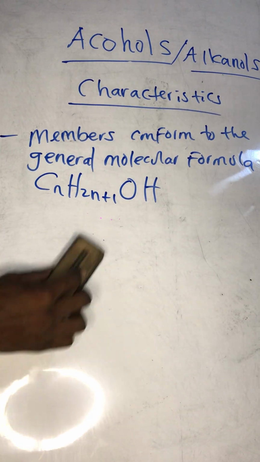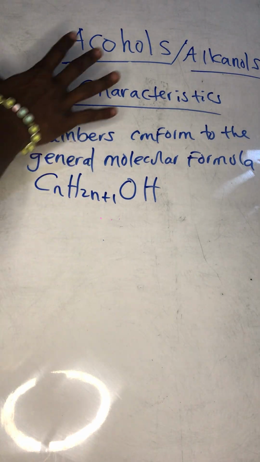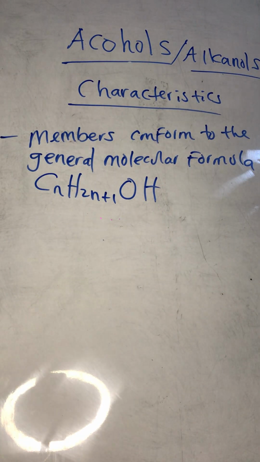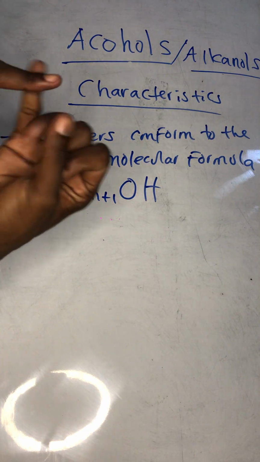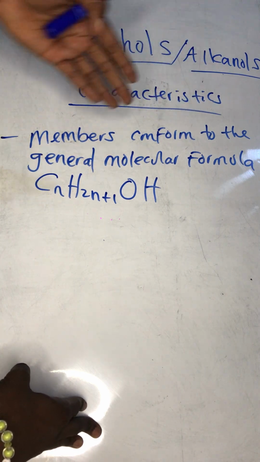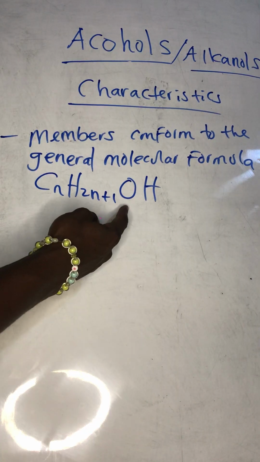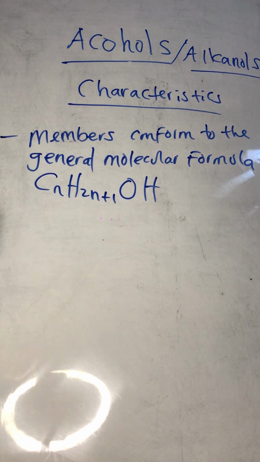Now listen, before we go to characteristic number 2, what you should know is that alcohols are not hydrocarbons. The only hydrocarbons that we have are alkanes and alkenes. Explain, why is it that alcohols are not hydrocarbons? Because there is oxygen. Even in the formula, I'm sure you can see that there's oxygen there.